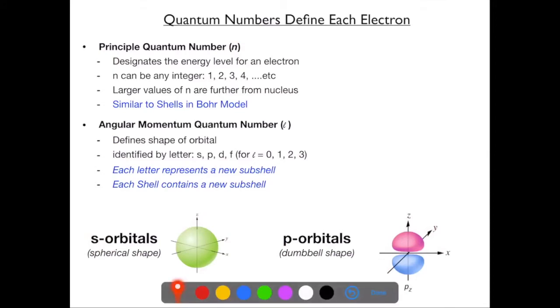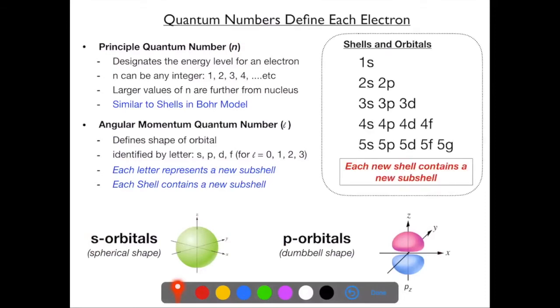Now, every time we start a new shell, we get another subshell. In the first shell, when n equals 1, we have a 1s orbital. In the second shell, when n equals 2, we have the possibility of a 2s and a 2p. If we go to the third shell, we're picking up another subshell, the 3d, and so on.